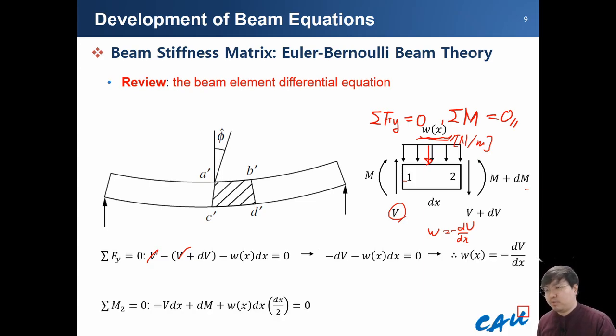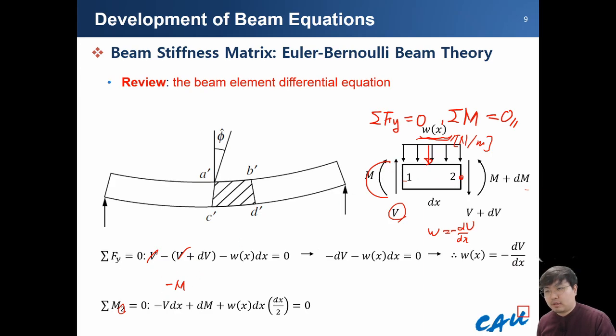Then from the moment equilibrium, we should check the moment equilibrium at every point. I want to check at point 2 here. We have a moment m here. This has a negative value because it is a clockwise direction, so a minus sign.